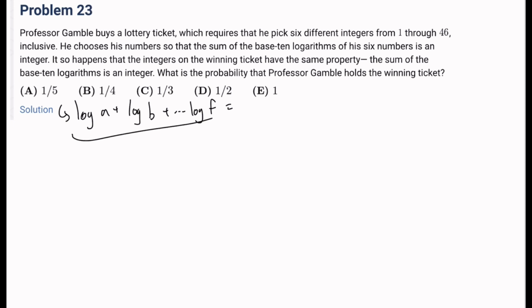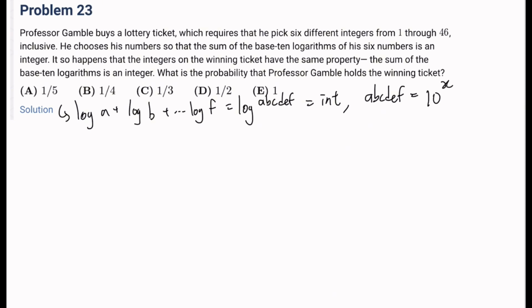This is just equal to log of abcdef, so the product of the 6 numbers is going to be 10 to some power. Let's say 10 to the x power, and 10 to the x is 2 to the x times 5 to the x.